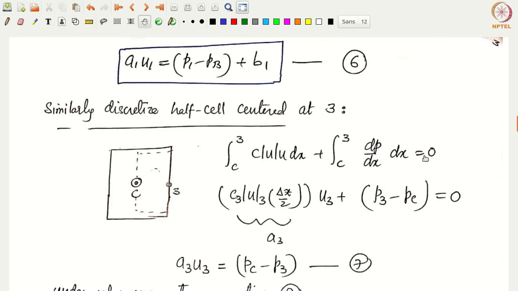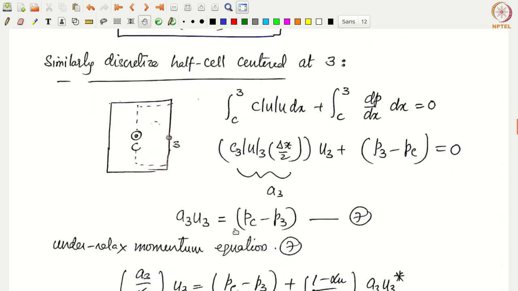If you consider that for this cell 3 is a representative of the centroid, then we have C3 mod U3 delta x by 2 times U3 plus P3 minus PC equals 0. Again if you call this coefficient some A3, we have A3 U3 equals PC minus P3.